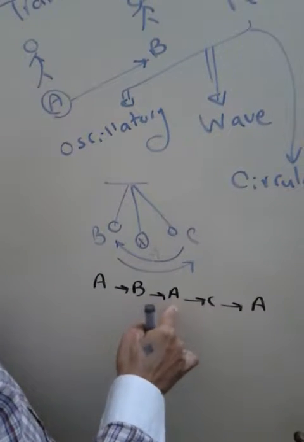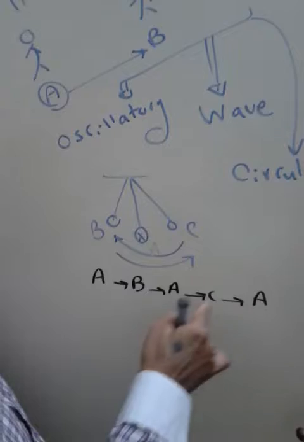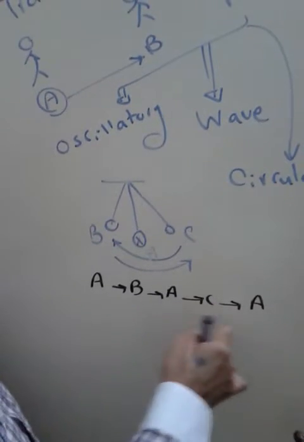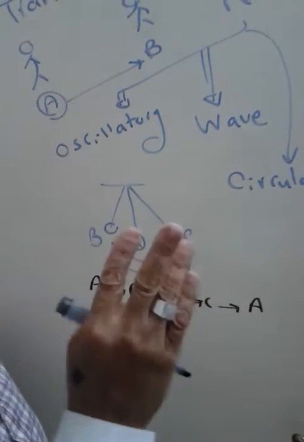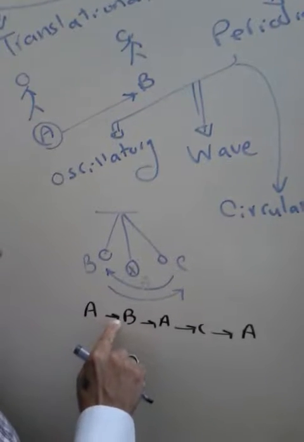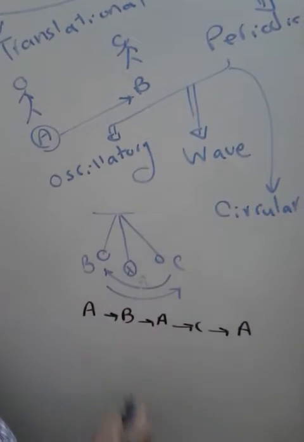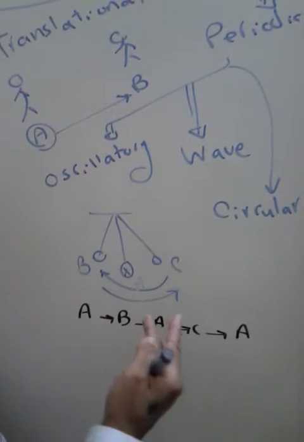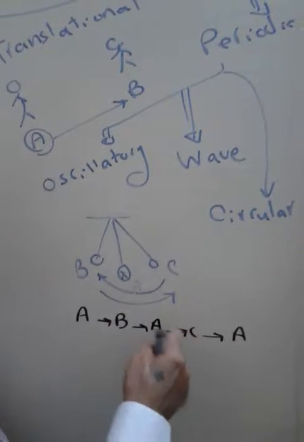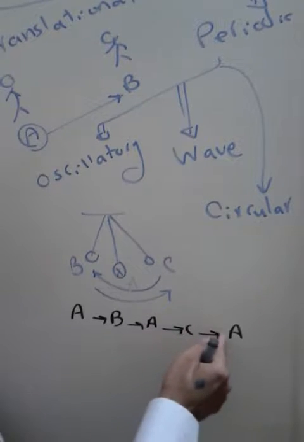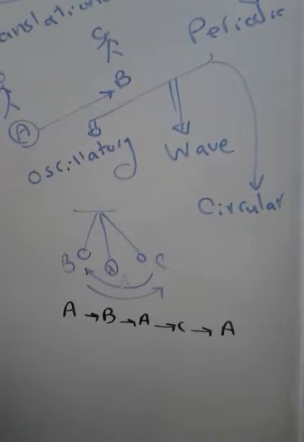this motion or this oscillation or this vibration consists of four displacements, each one called amplitude. From A to B, one amplitude. From B to A, second amplitude. From A to C, third amplitude. From C to A, fourth amplitude.